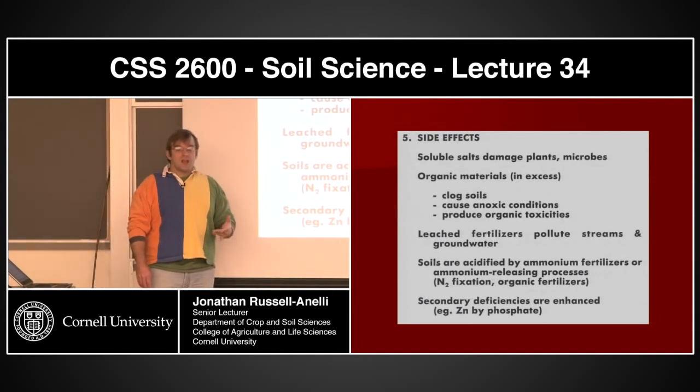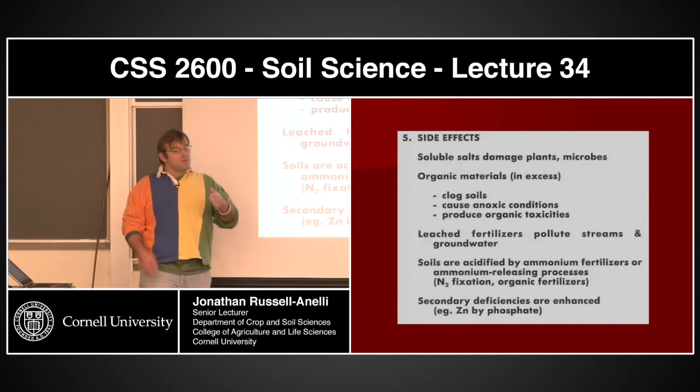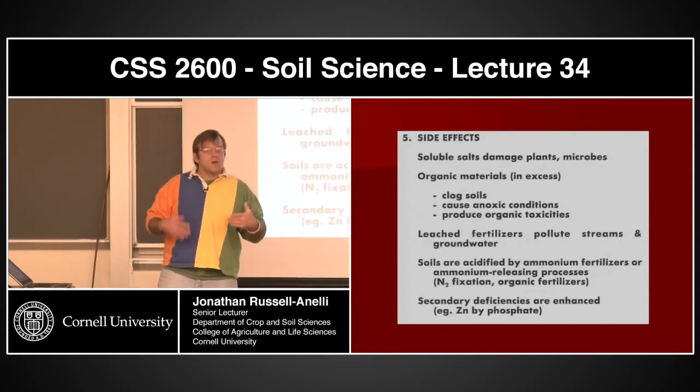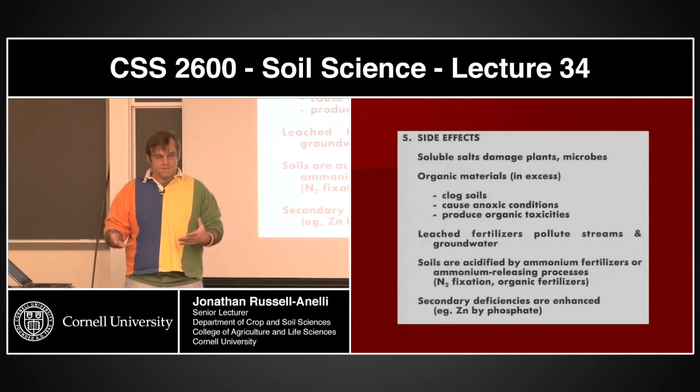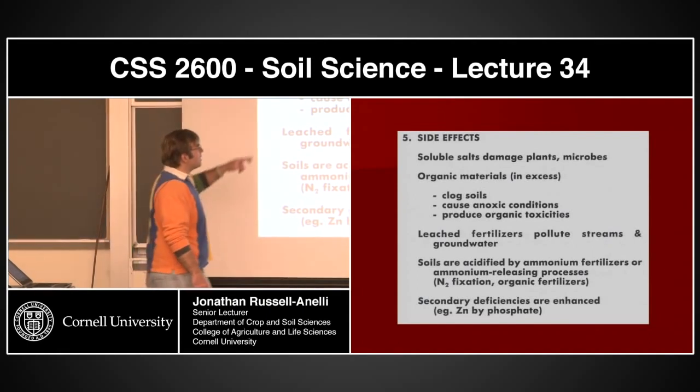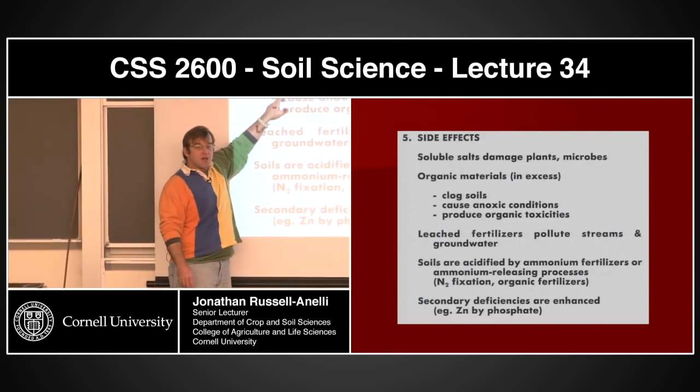Another example is organic matter. If I'm applying barn waste, manure, and it's coming out as a slurry, and I'm applying it to my fields, I could theoretically seal my soils. I could clog them. And if I clog my soils, I potentially can have anoxic conditions.